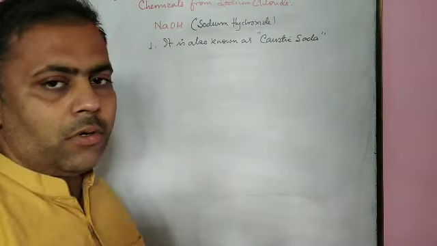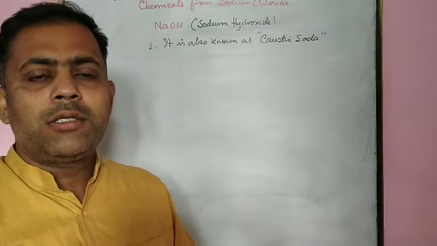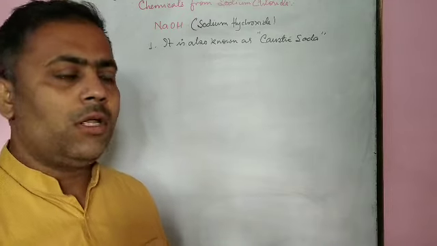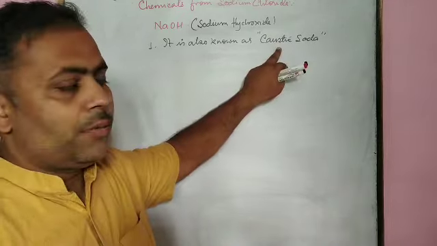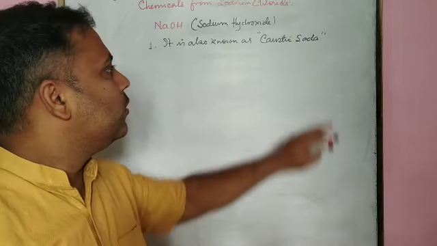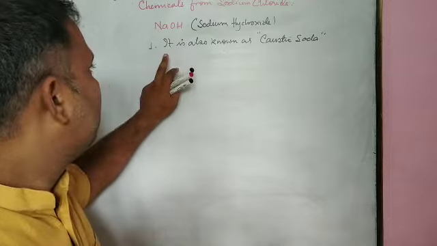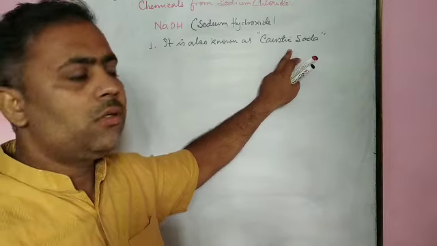Caustic: we know sodium hydroxide is a strong base and it is corrosive in nature, therefore it is termed as caustic. And soda stands for sodium compound. So it is also known as caustic soda.